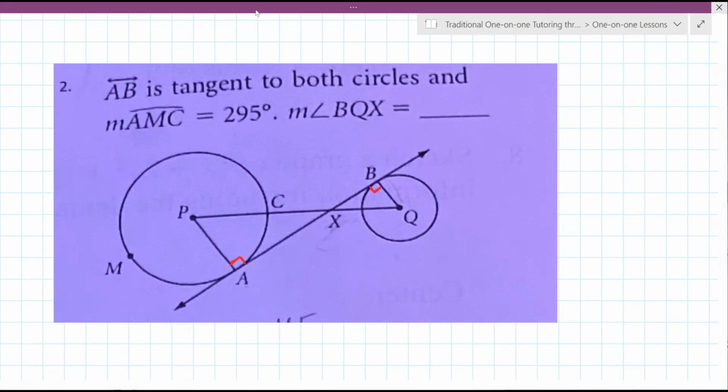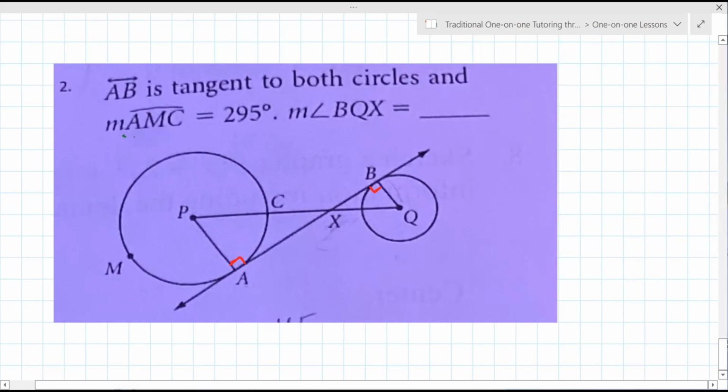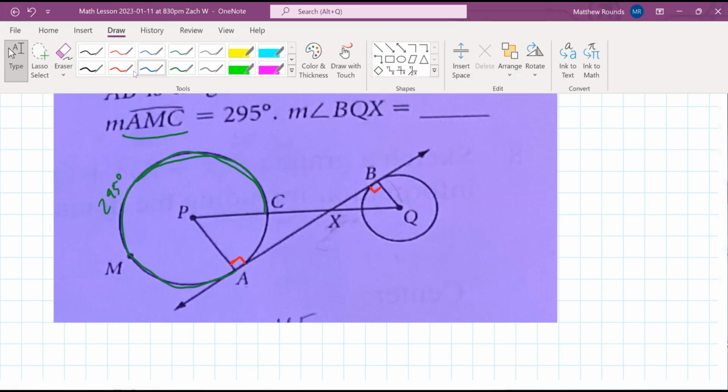All right, now the next thing is that it says the measure of major arc AMC, so it's a path A to M to C, is 295 degrees. And if you were to go all the way around the circle, it would be 360. So what is that missing piece?